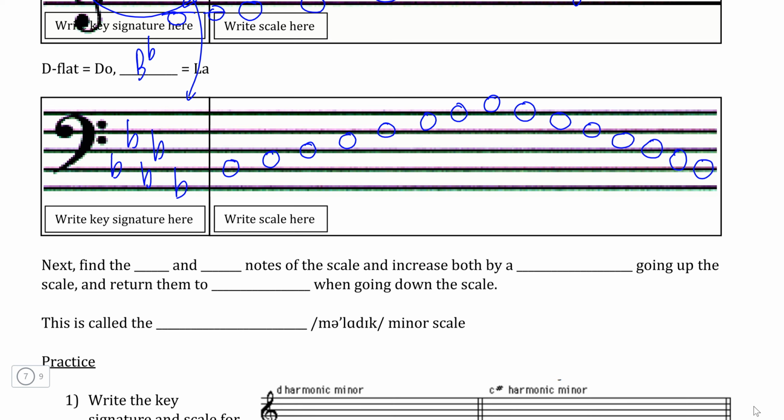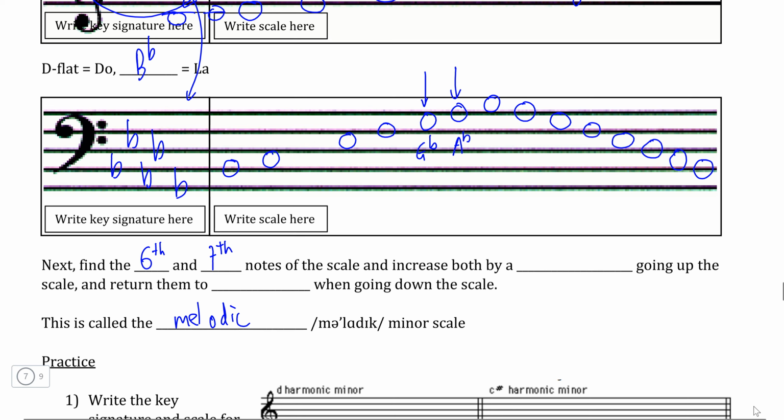Now, for the melodic minor variation that we're looking at in this video, what we need to do is find the 6th and the 7th scale degrees of the melodic minor scale. So in this case, the 7th is going to be before the top note, and the 6th is going to be before that. So in this case, the 6th and 7th pitches of the scale are G flat and A flat.